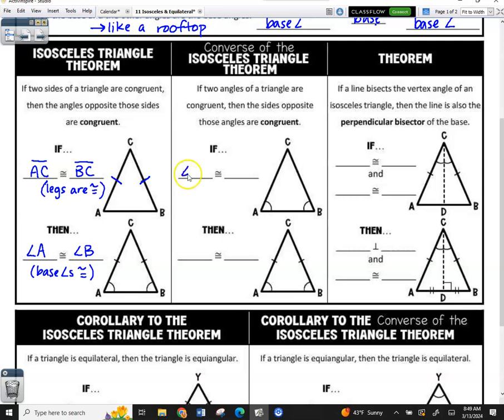So if the base angles are congruent, then you can mark the legs congruent. Notice that the 2 things we just filled in are the complete reverse of each other. Do you see that?